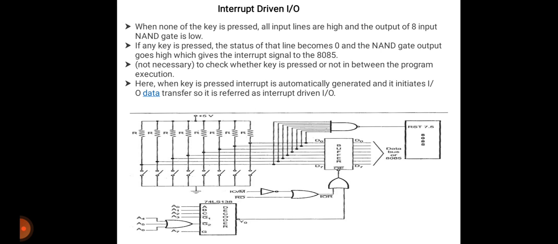When a key is pressed, an interrupt is automatically generated and it initiates the input-output data transfer. So it is referred to as interrupt driven input-output. This is all about interrupts.